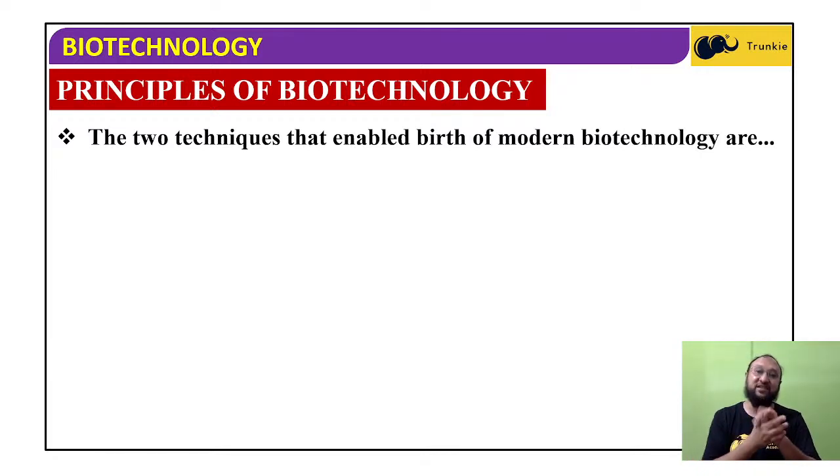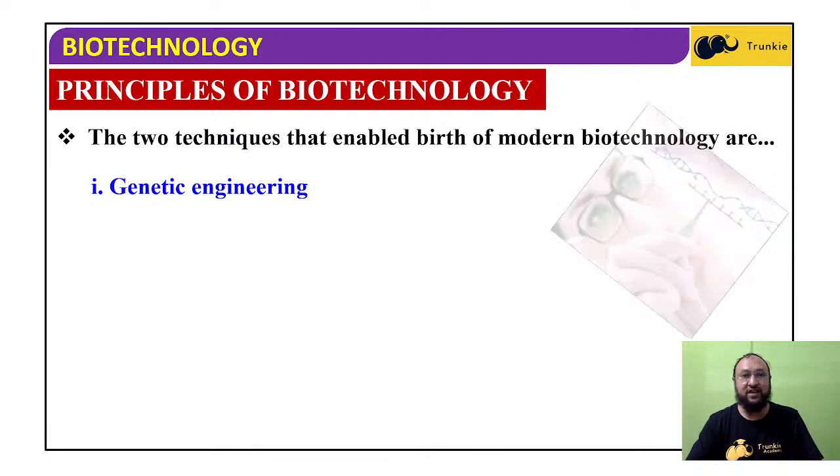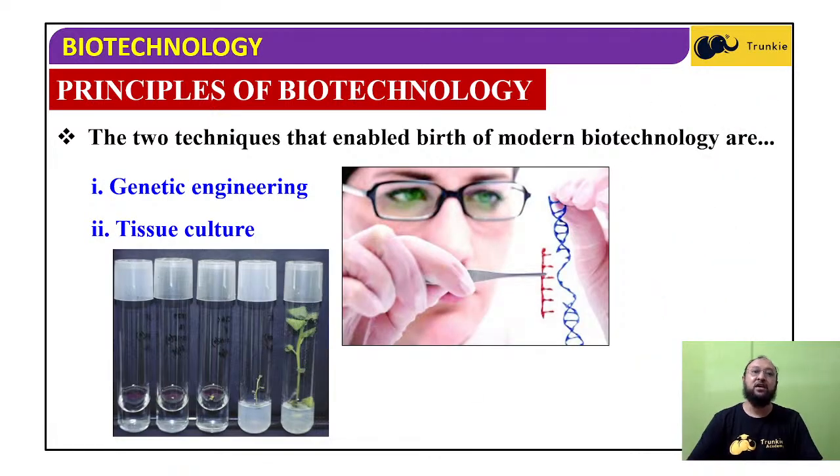The two techniques that gave rise to modern biotechnology are genetic engineering, that is, the engineering that involves the study of genetics and manipulating genes for human welfare, and the next is tissue culture. So these two techniques were very, very important and gave rise to modern biotechnology.